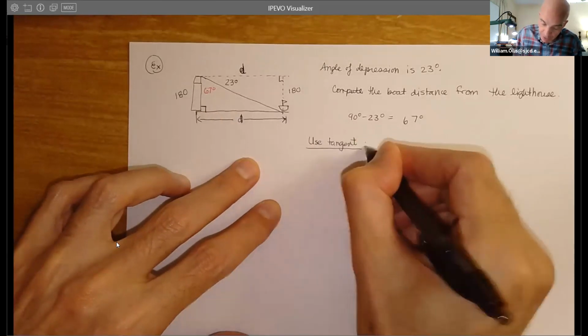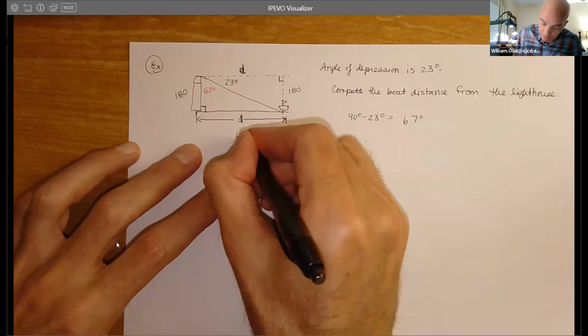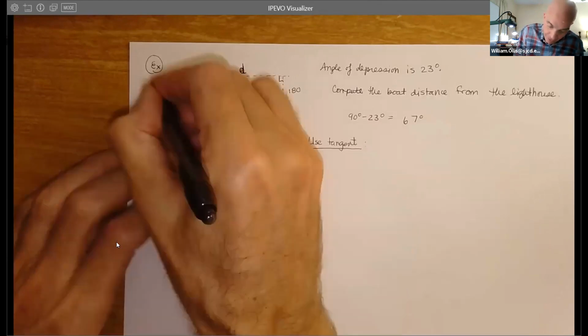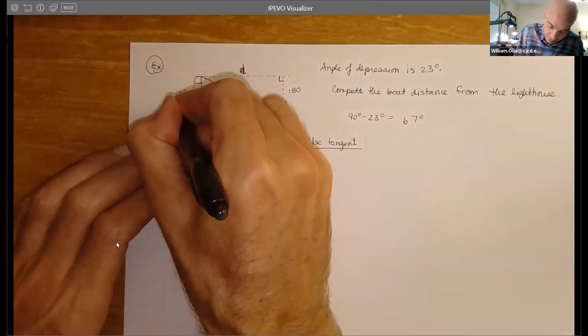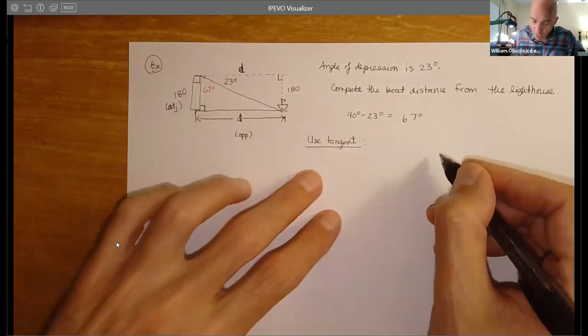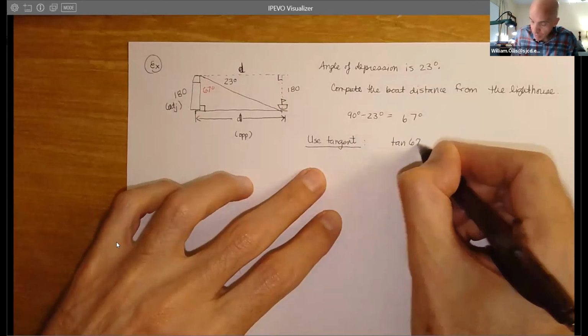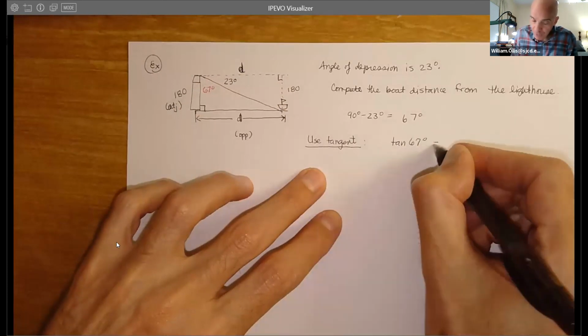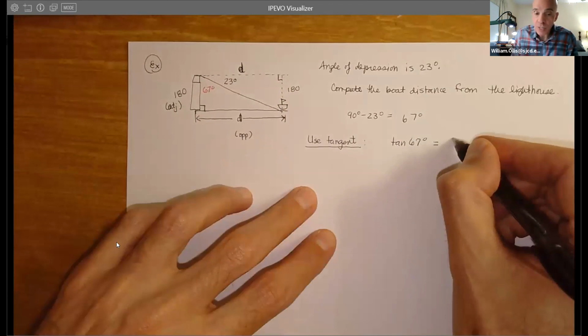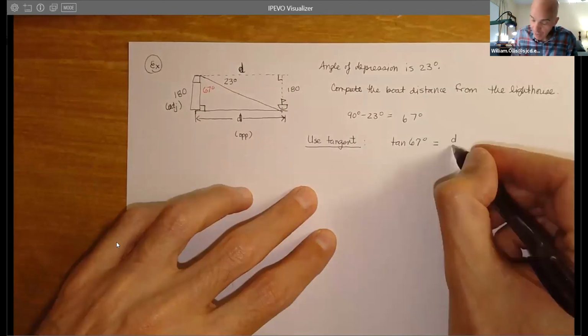So we can think of this as opposite over adjacent. Then we have tangent of 67 degrees equals the opposite, which is the unknown side D, divided by 180.